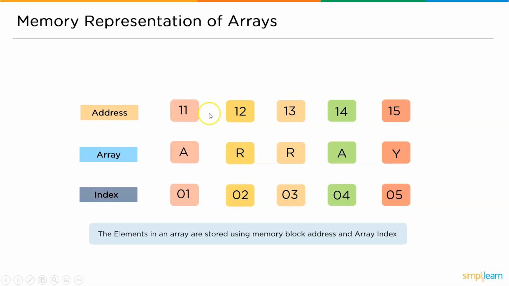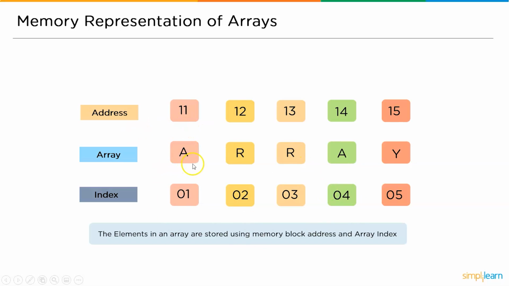Here we have 11, 12, 13, 14 and 15, and in real time it might be 1001, 1002, 1003, 1004, 1005. The main motto is to assign a sequential block of memory, and this is the array and the elements are A, R, R, A, Y, and this particular one, which is the last one, is the index of the array. That is the position of the array for the user. So using this index, you can access the elements in the array. More on that in the accessing part.